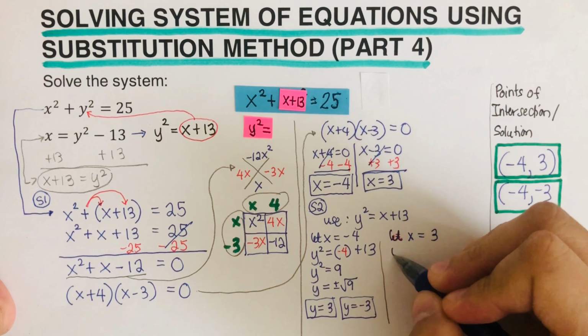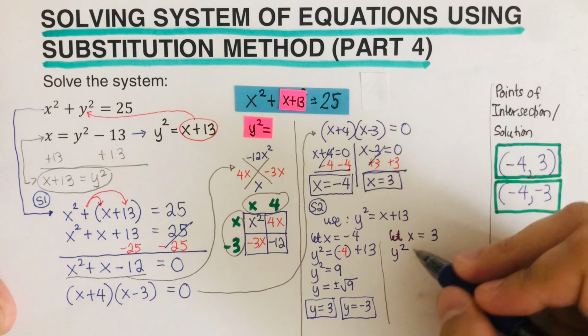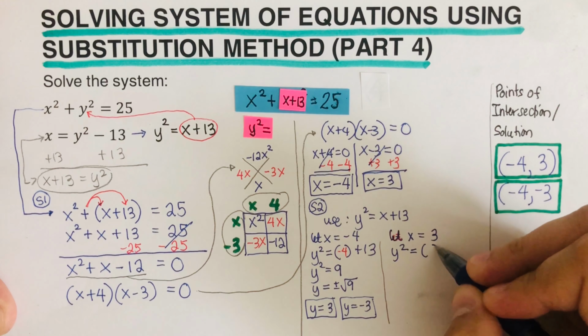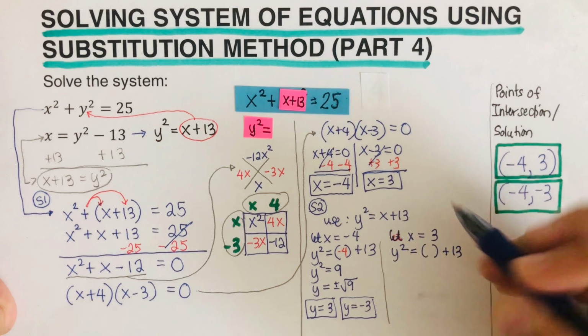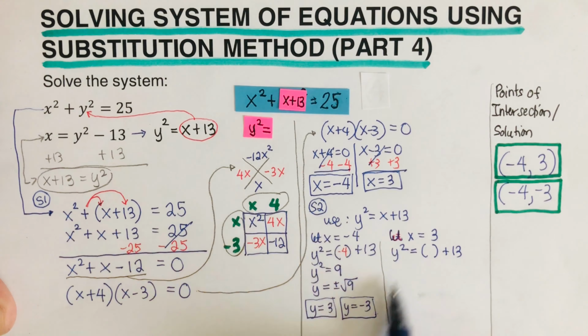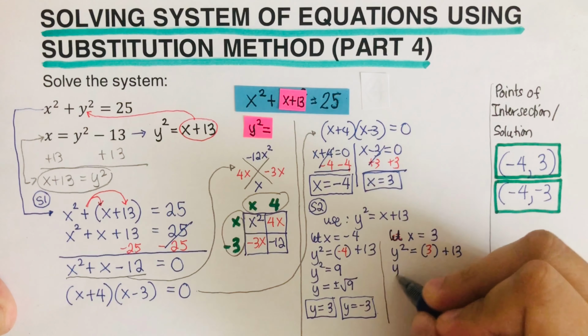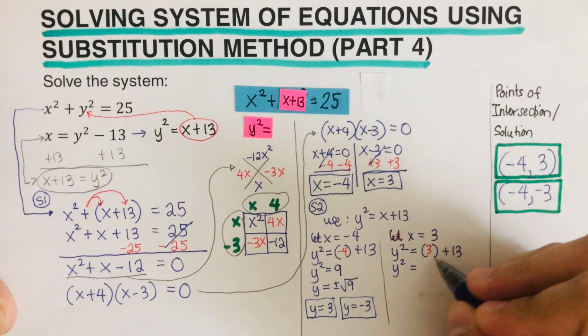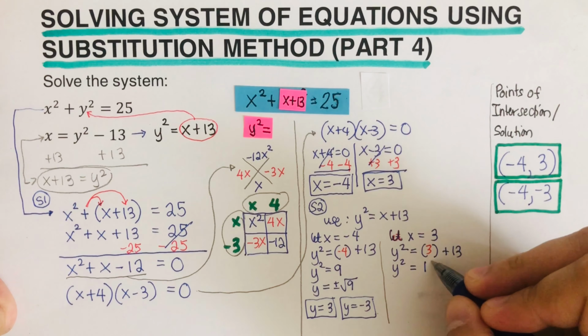So this would be y squared equals parentheses plus 13. I put that we're using this for step 2. So then I plug in the 3 right here. So this would come out y squared is equal to 3 plus 13 is 16.